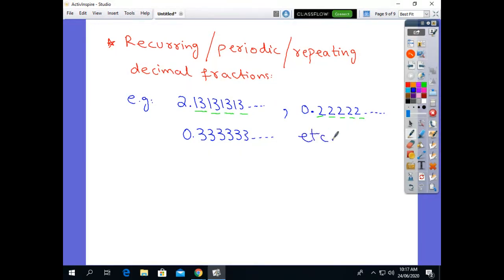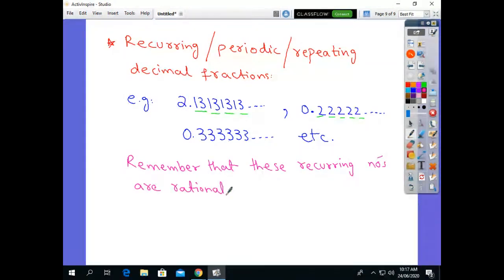Remember that these recurring, periodic or repeating numbers are rational numbers.